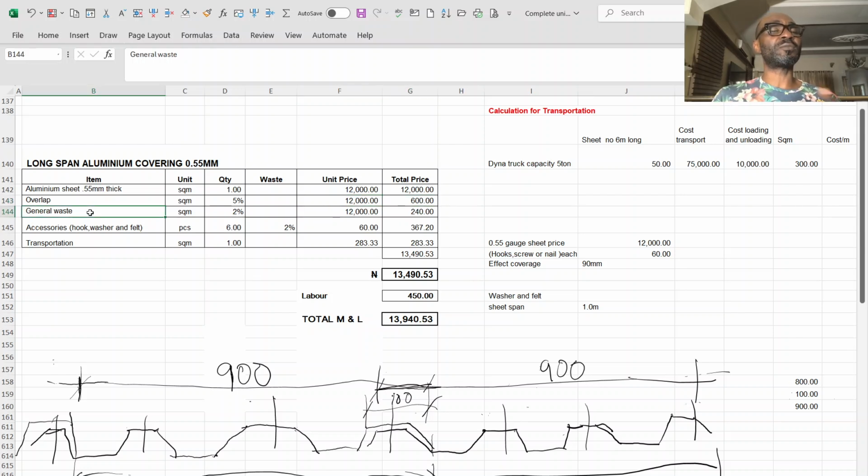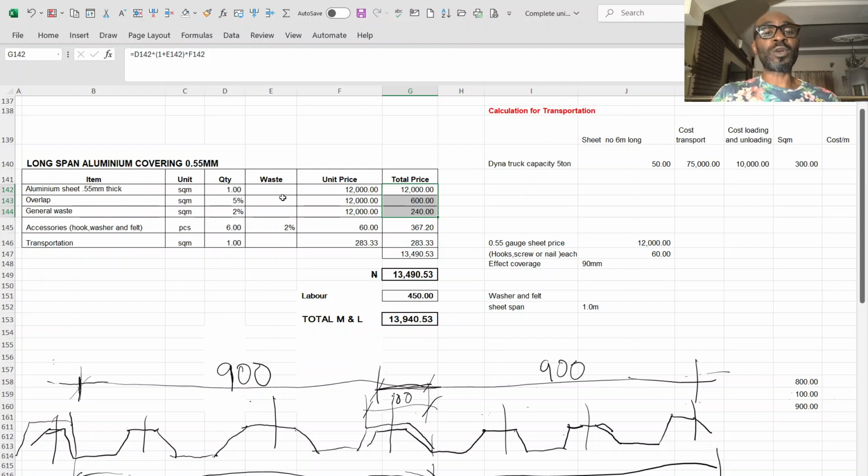Then the general waste: when you are having a complex roof where you have to slice off some sheeting by the gutter side, by the hip side, and all of that. Say I am considering 2%. So 2% of 12,000 gives me 240. If you add the cost for the roof, the cost per square meter for the effective coverage area is 12,840.